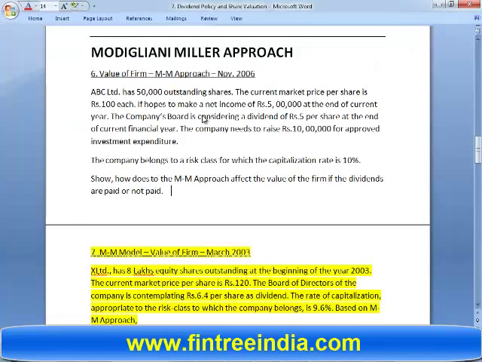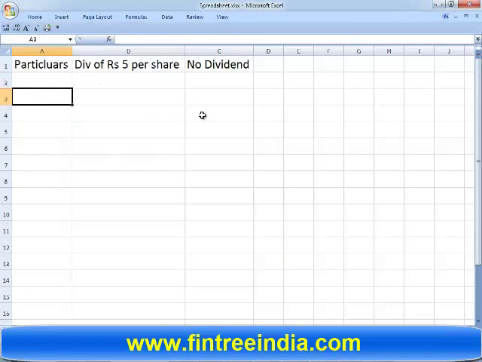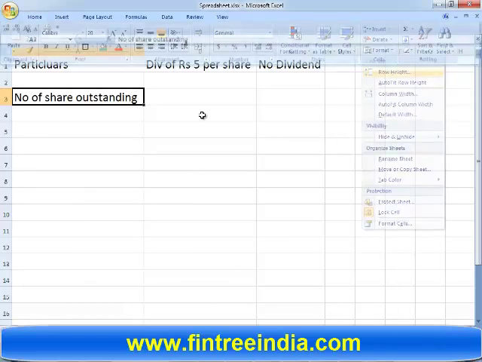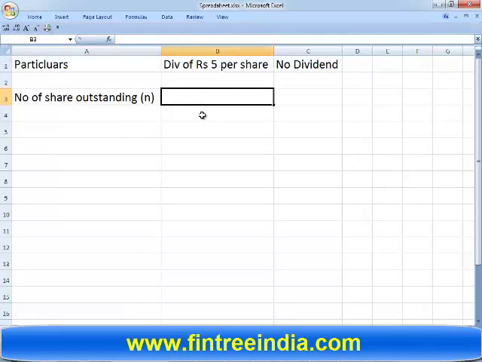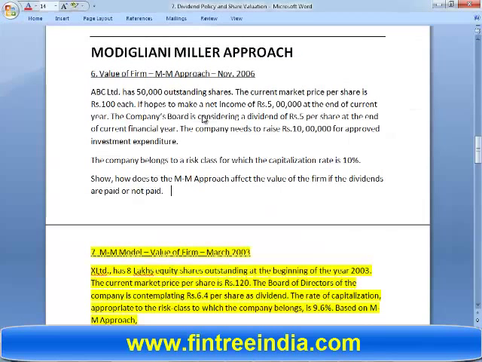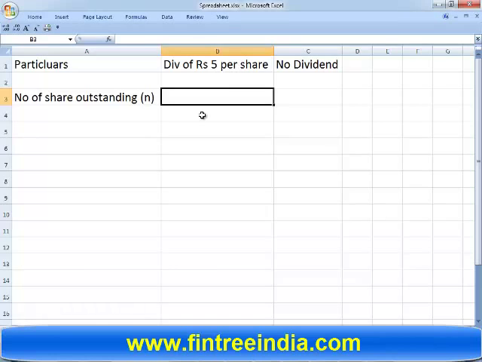Number of shares outstanding at the beginning, which we are calling N, is 50,000 in both cases.